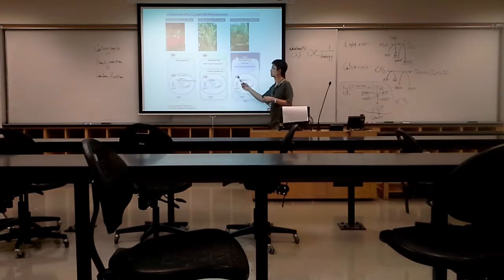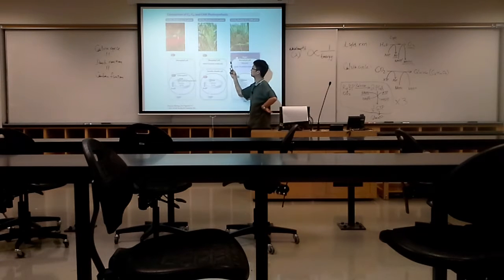Now what happened is that C4 plants developed something called the bundle sheath cell, in addition to the mesophyll cell. Bundle sheath cells have a very strong cell wall that can trap the gas.